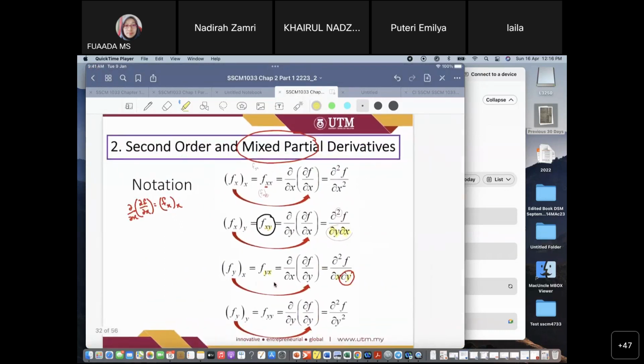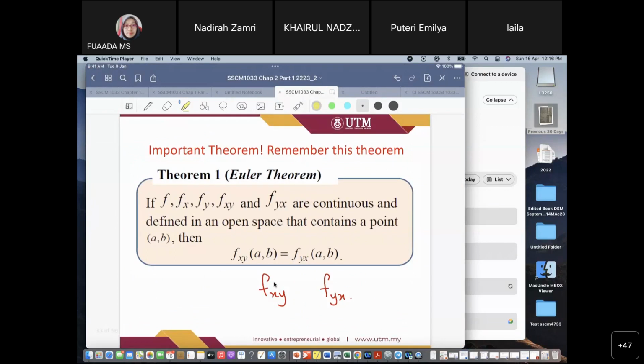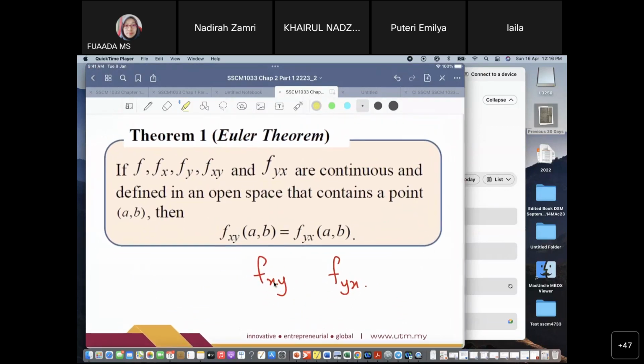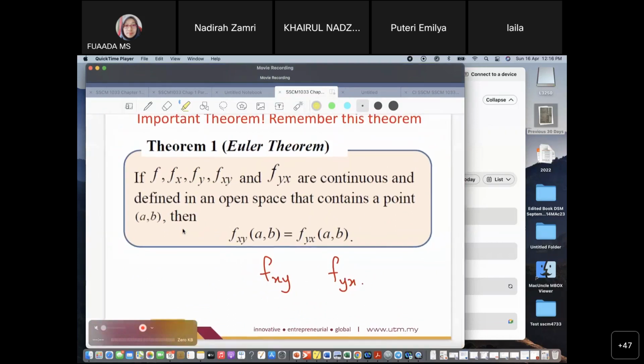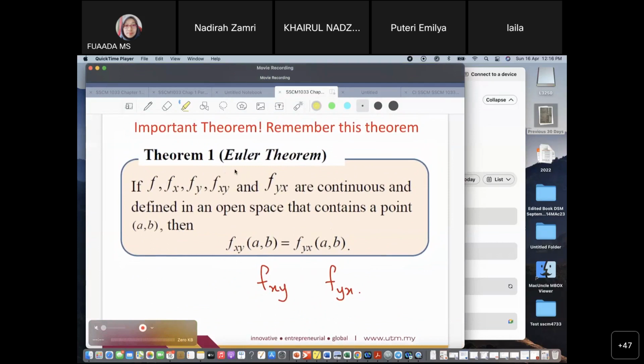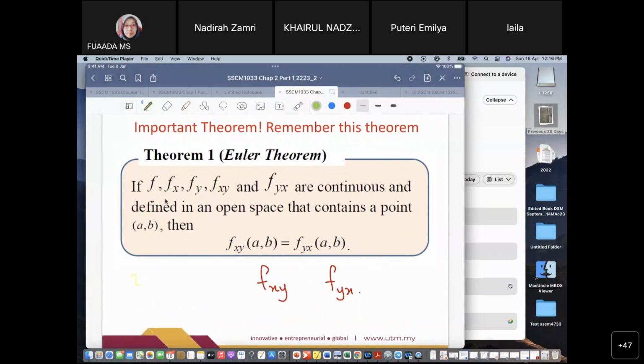Okay. So there is one theorem that says, for second order only, this is only for second order derivative. As we know, if you have a two variable function, z is a function of x, y.